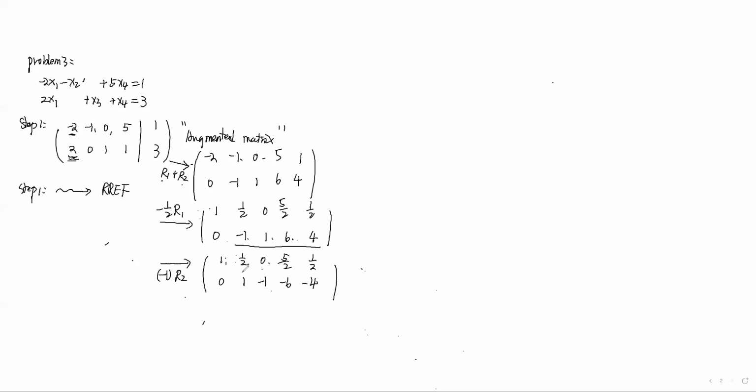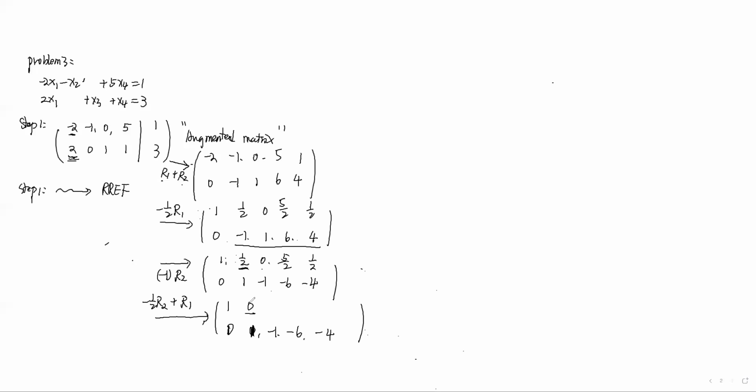This is not RREF, because this is non-zero. It's half. You have to cancel this. How? You multiply R2 by negative half and add it to R1. We didn't change the second row. So we try to cancel this place.